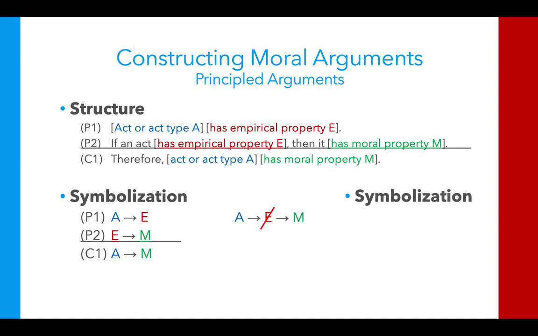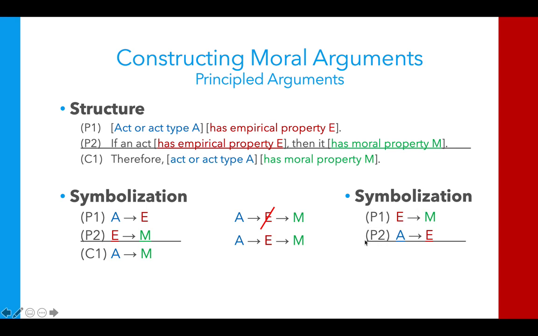Another thing to note here is that the order of the premises doesn't really matter. So we could start with premise 1 saying E arrow M. I've symbolized that here. We'd have premise 2 saying A arrow E, right? So we add A arrow E on, and the same thing happens. So the order of the premises doesn't matter. What is important is that these are both premises.